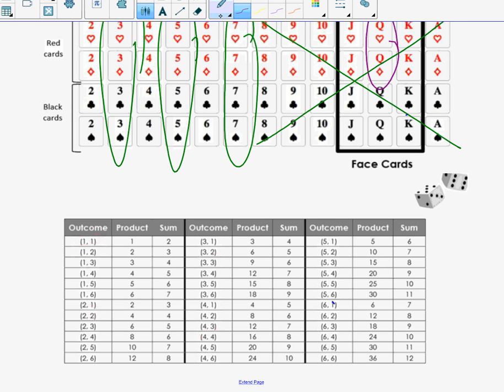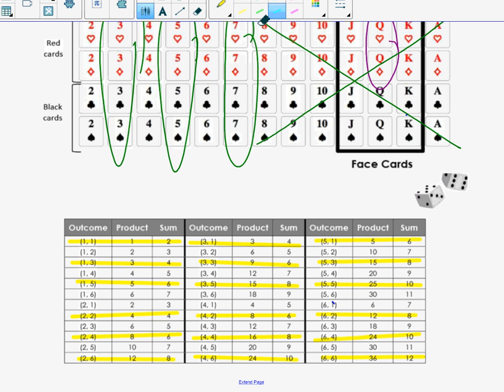All right, so the ones that have an even sum are here, here. So just go through, figure out all your even sums. Take your time with it. You don't want to go too fast and skip something. All right, so we have all those even sums.